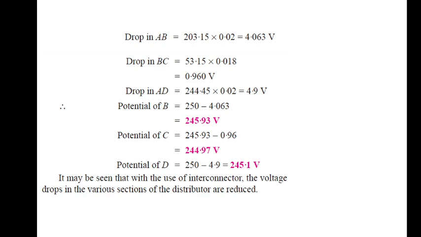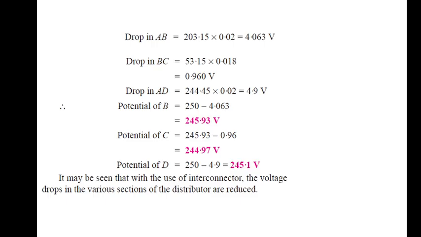So for section AB, the drop is equal to 4.063 volts, while for BC it is equal to 0.916 volts, and so on for AD. With these voltage drops known, we can now determine the potential at different nodes, starting from point A, which is at 250 volts.